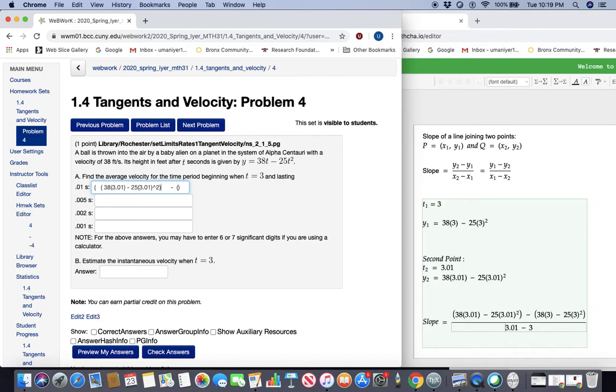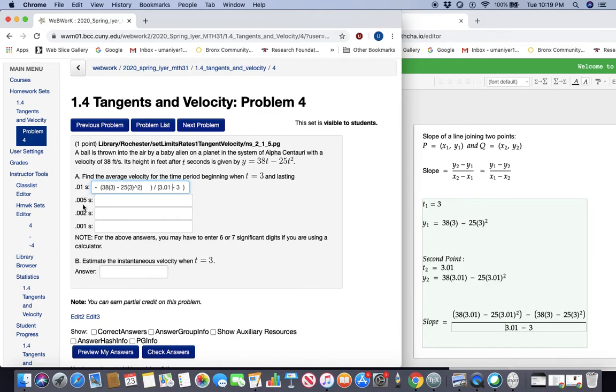Power is hat, which is right above 6 if you notice. Next, subtract the other one: 38 times 3 minus 25 times 3 power 2. All right, that completes that expression.